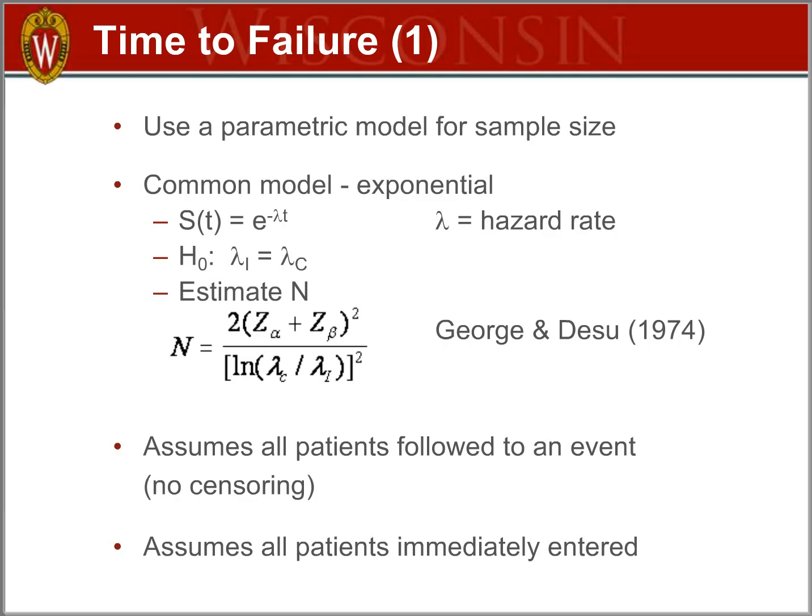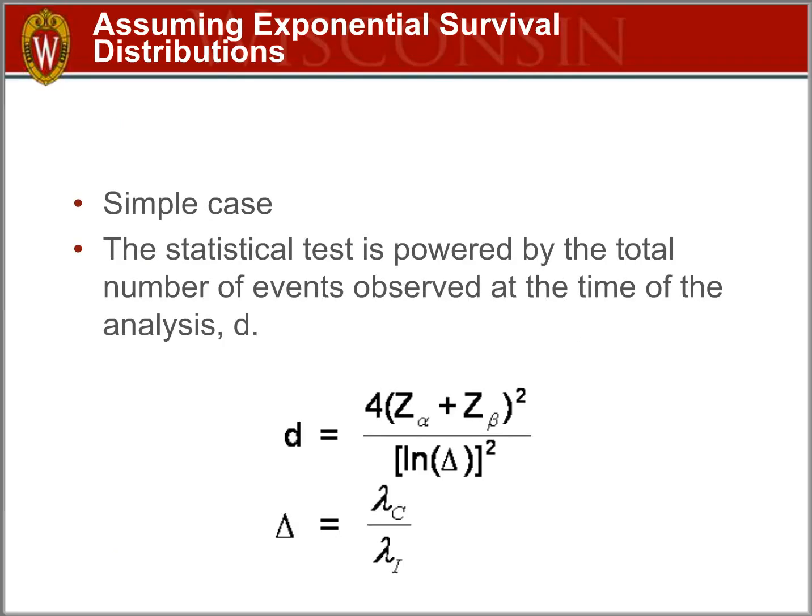In this case, if we were to follow it through, the number of events we would need is expressed by this formula, which is testing the hypothesis that the ratio is lambda sub c to lambda sub t.